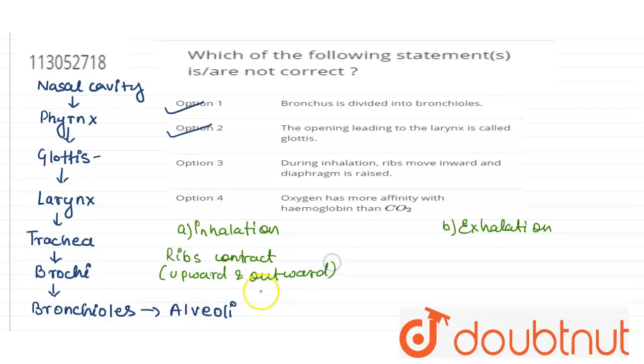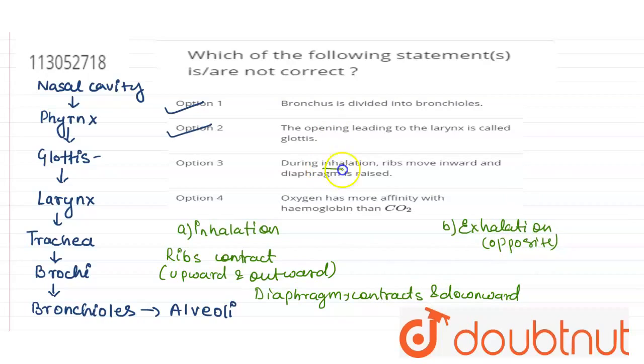If we talk about the diaphragm, the diaphragm contracts and moves in a downward direction. Just the opposite of this occurs in the exhalation process. The question is only asking about inhalation, so this statement is wrong because here the ribs are moving inward and the diaphragm is raised.